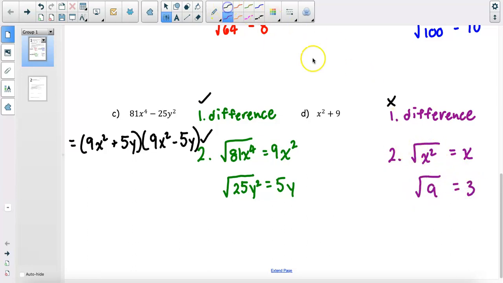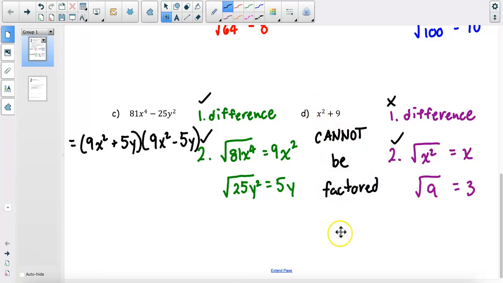But again, because this is not a difference of squares, what we can say is that this cannot be factored, and we leave our answer exactly how it is.